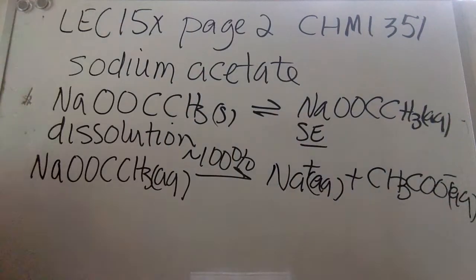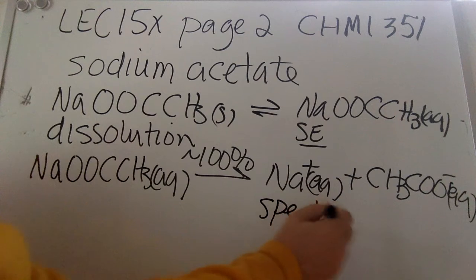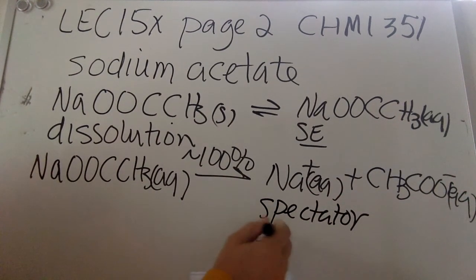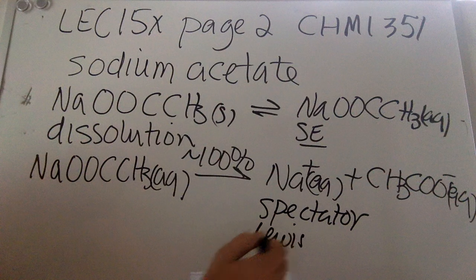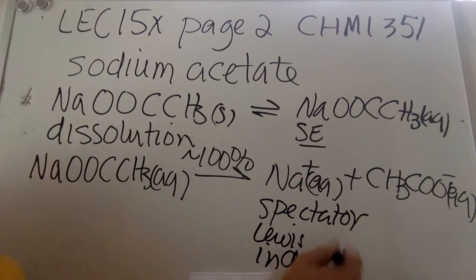So the question is, what are these? How do these two behave? Well, in a previous discussion, a previous video, we said this was a spectator ion, and it can act like a Lewis acid or an indirect Arrhenius acid.